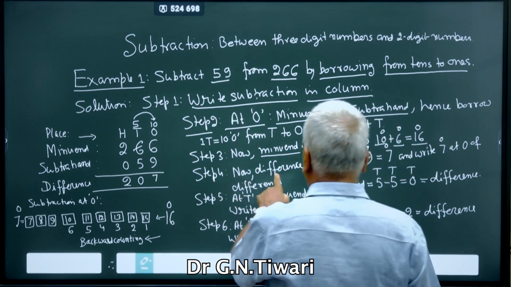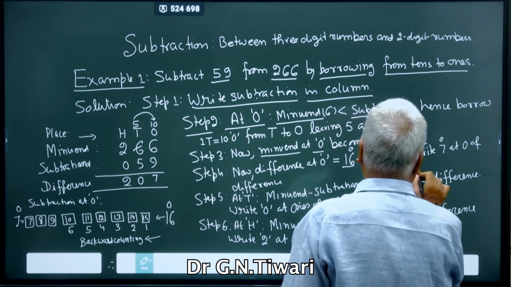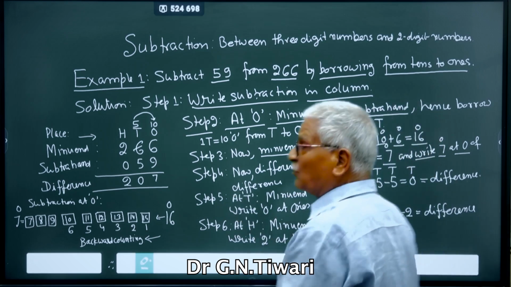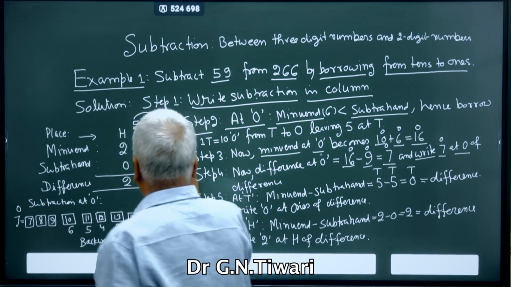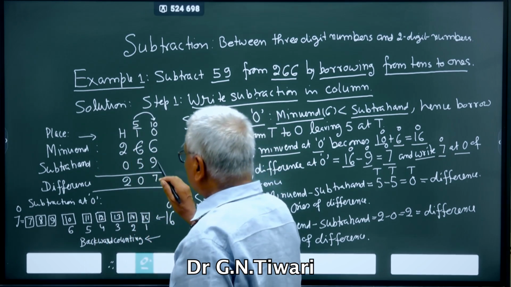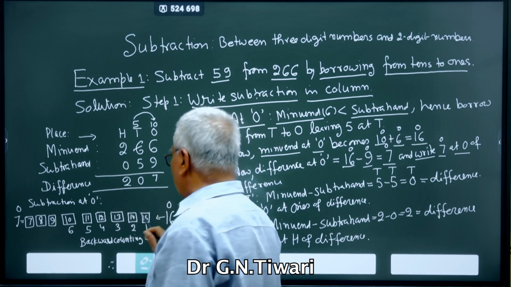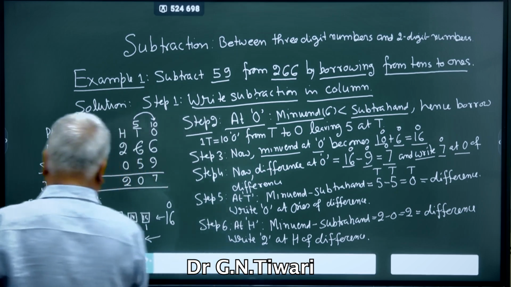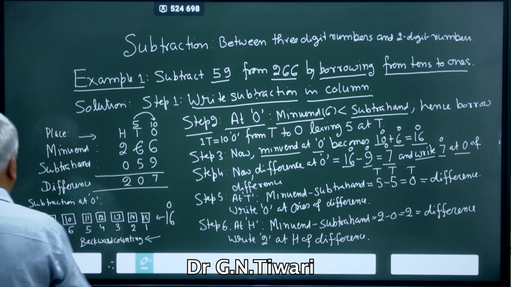So now the difference at O is 16 O minus 9, which is equal to 7, and write 7 at O of the difference. How has the difference been found? In a subtraction, the largest number should be at the extreme right-hand side, and for the subtrahend number, you make a square like this: 1, 2, 3, 4, 5, 6, 7, 8, and 9.